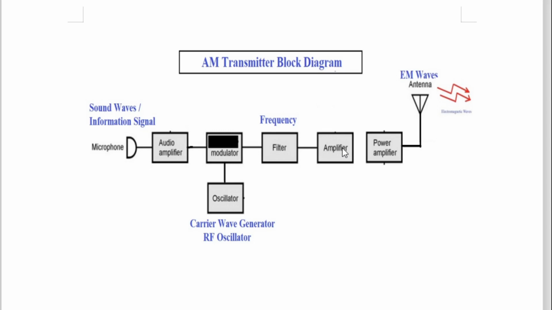So the next block is the amplifier, the next block is a power amplifier, and then it comes to the what? Antenna. So this is connected over here. This is coming to the antenna, and then it is going to convert those waves into electromagnetic waves. So here you see the red signal. In this way, this is again a general block diagram of the AM transmitter.